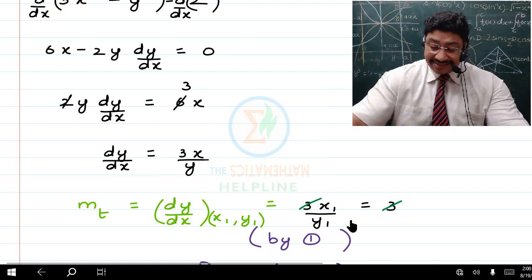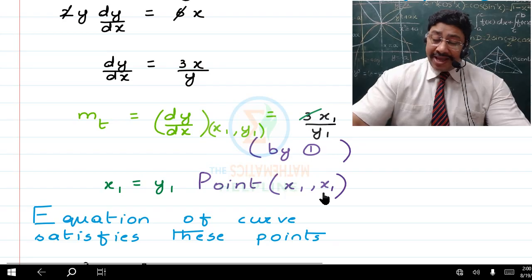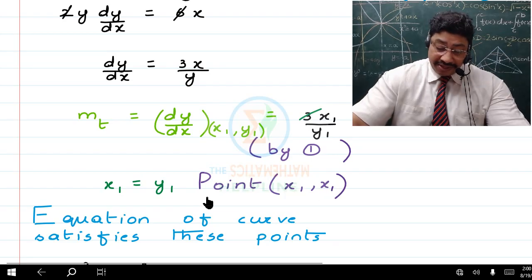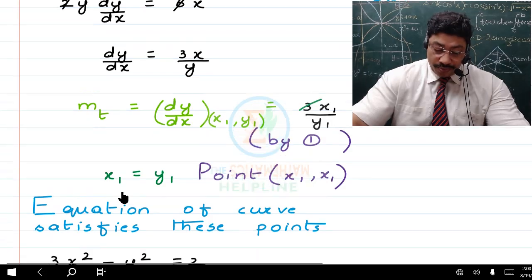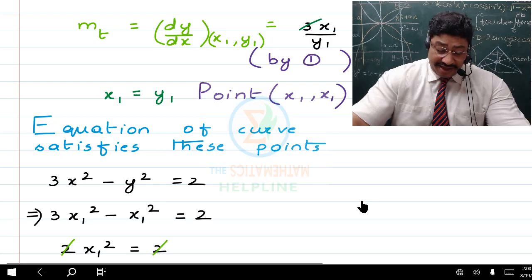3 gets cancelled, and as such we are left with x1 equal to y1, which in times to come is going to help us to find the point, which will actually become x1 comma x1, as now in place of y1 we can replace it with x1. Now we can substitute it in the equation of the curve and get the value of x1.